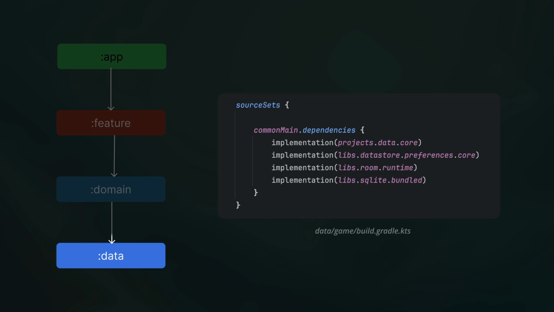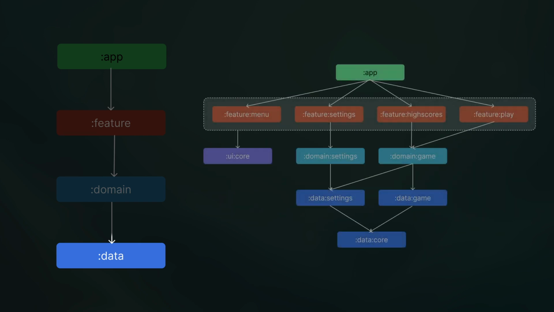The data modules can rely on platform-specific APIs. So for example, in this series they will depend on Room for database usage and Data Store for user preferences. With these layers in mind, let's map them to the actual modules we'll create in MinesweeperK.